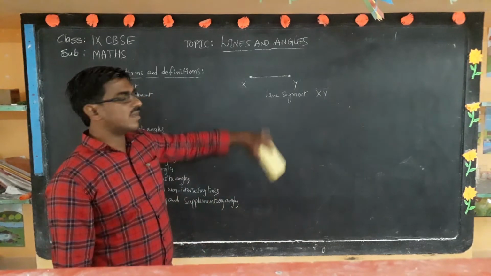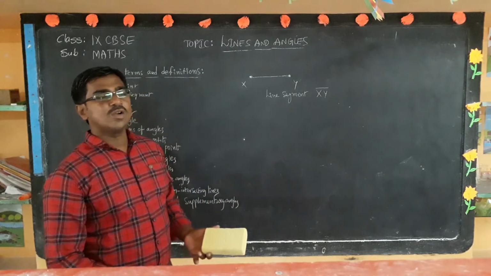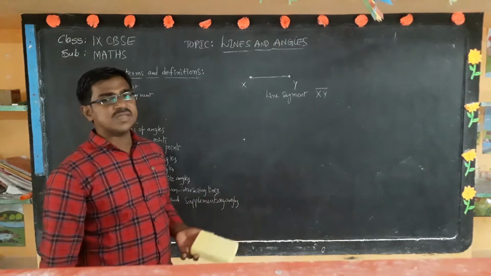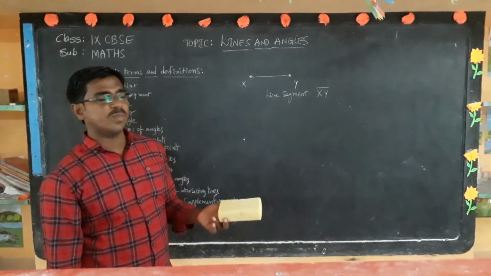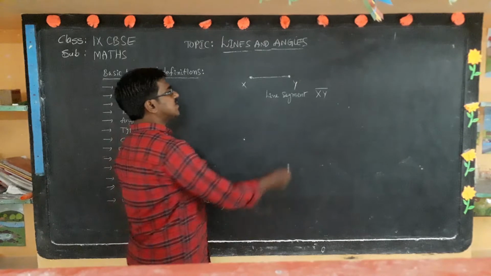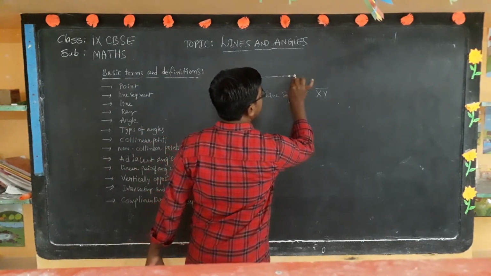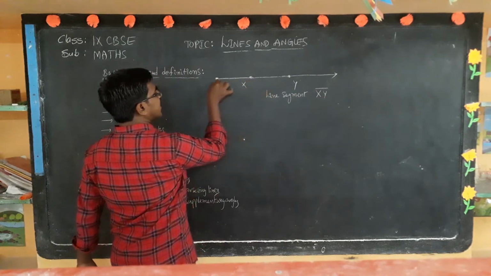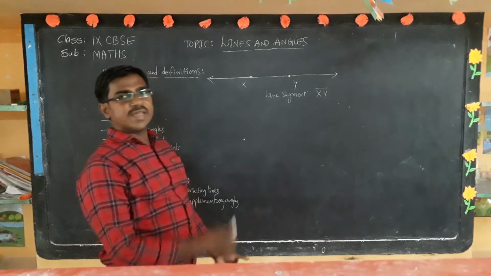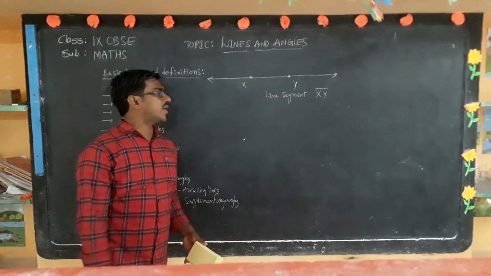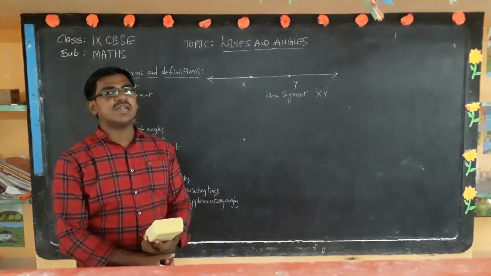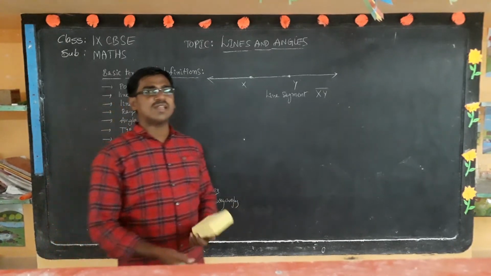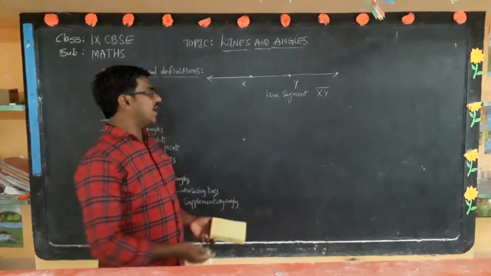So a line segment has 2 endpoints. Next, a line segment which we can extend endlessly in both directions, as per our requirement, is called a line.